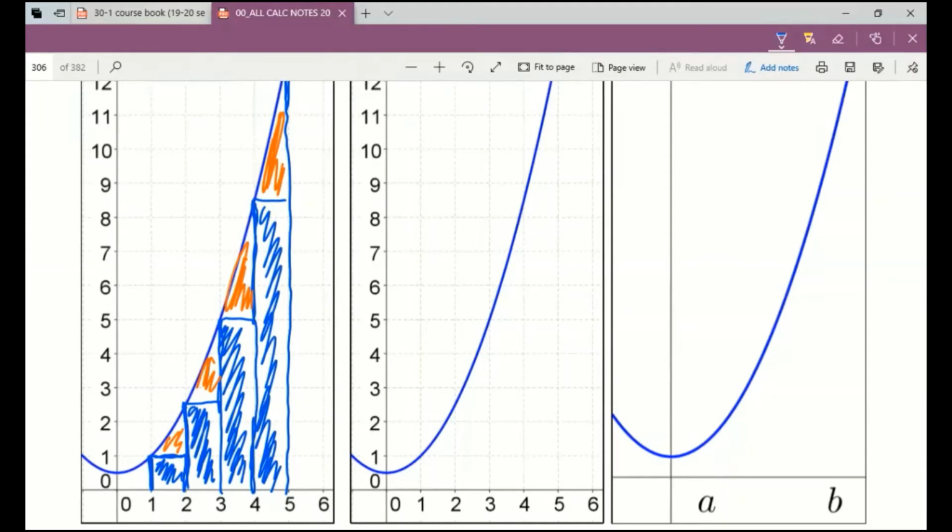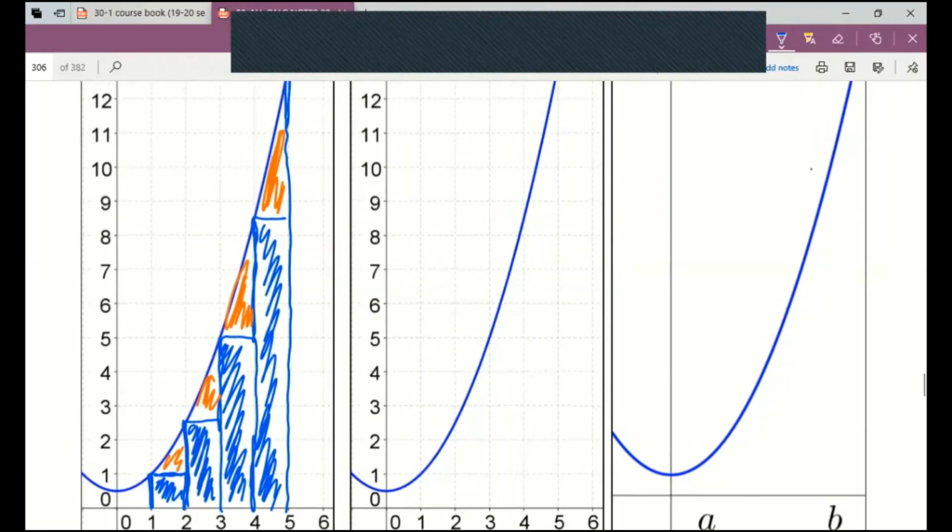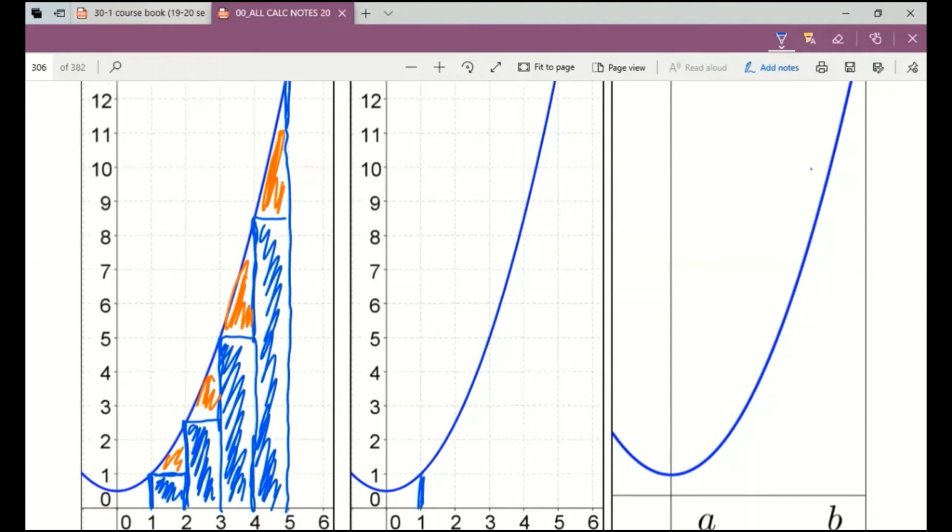On the next page, it asks us to do the same, but with 8 rectangles. So we're going to do this on the next graph, and break it into 8 rectangles from 1 to 5. Here's 1 on the left, here's 5 on the right again. The distance between 5 and 1 is 4.